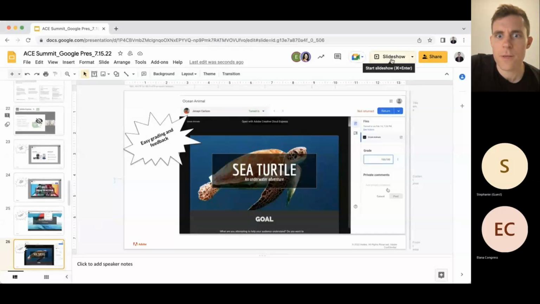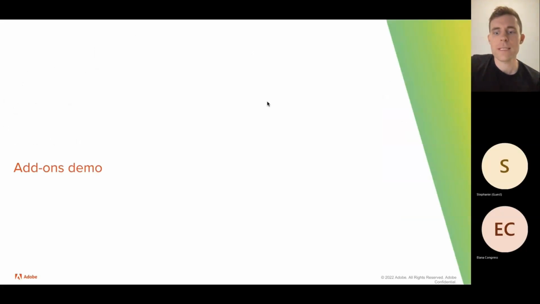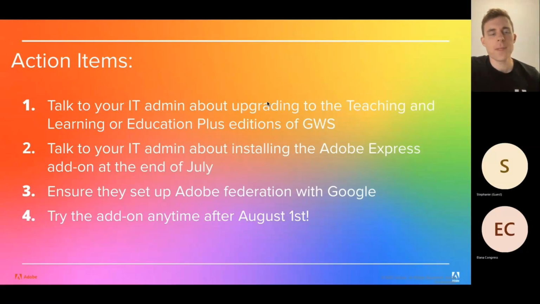All right. So just to summarize how you actually get access to this really great Google Classroom add-on feature. Your IT admin does have to install this for you, whether it be at the entire district or at the school level.